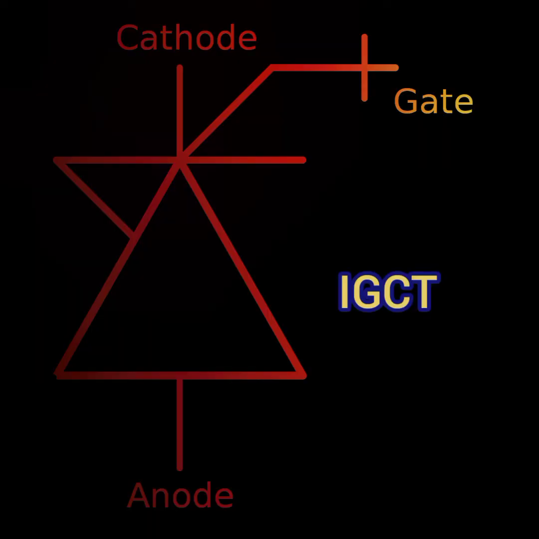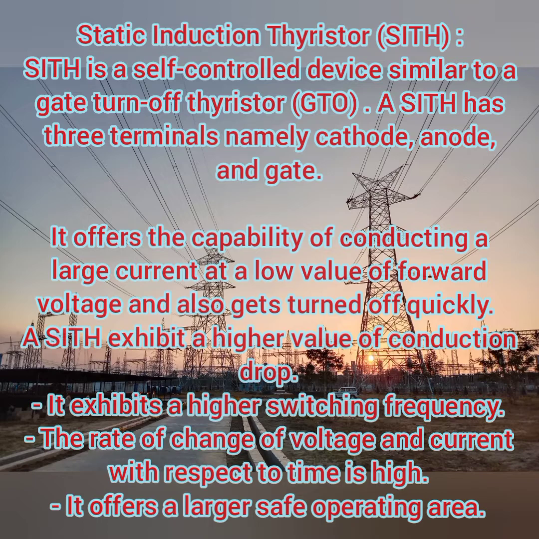This is your symbol of your IGCT, anode and cathode, and then the gate terminal is given. Then coming to the static induction thyristor, SITH. So the SITH is self-controlled, similar to a gate turn off thyristor. A SITH has three terminals, namely cathode, anode and gate.